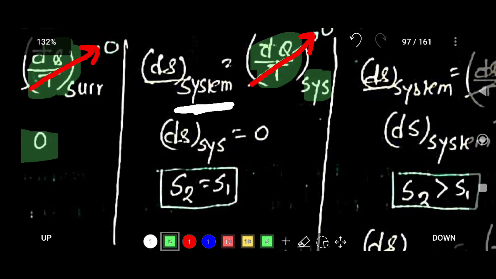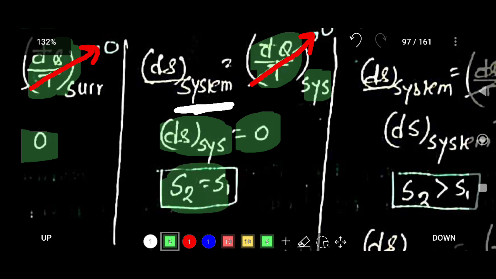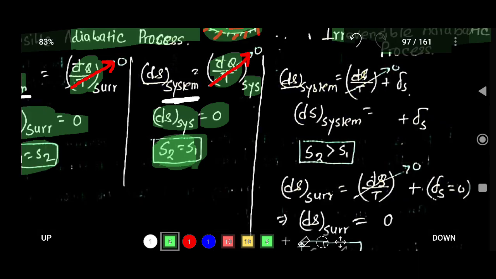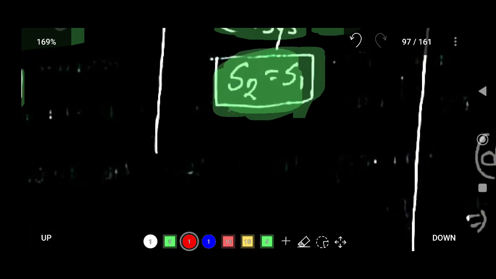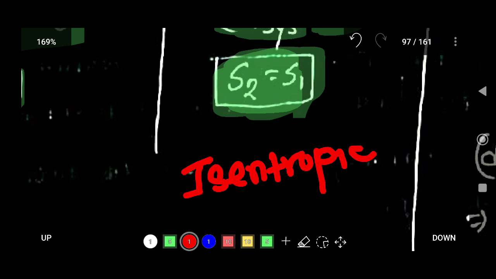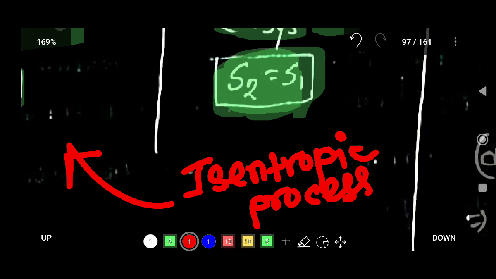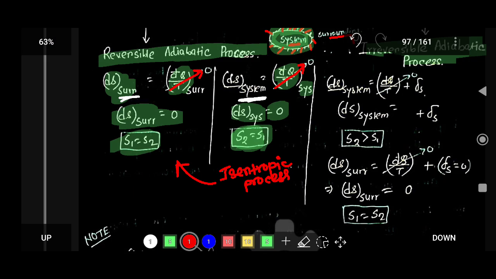From here you can say that S2 is equal to S1, so entropy is basically constant. So you can say that this is an isentropic process, and this is also an isentropic process.